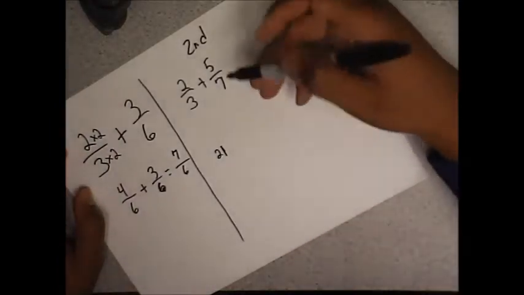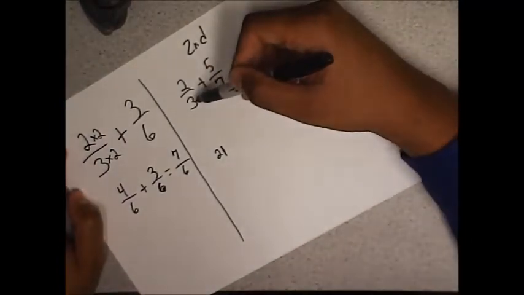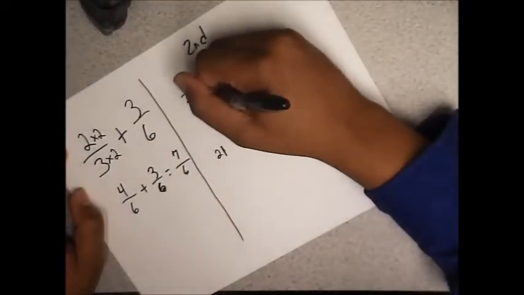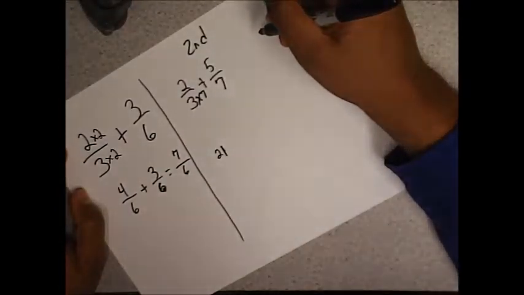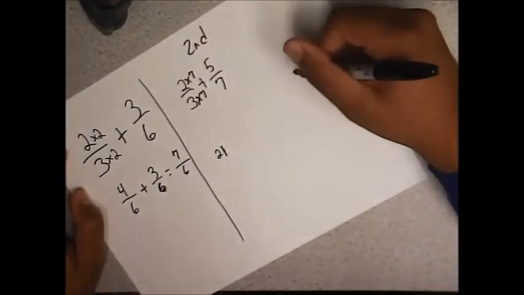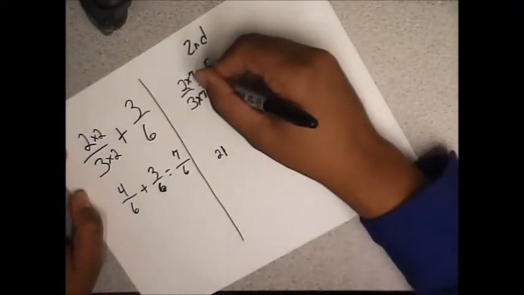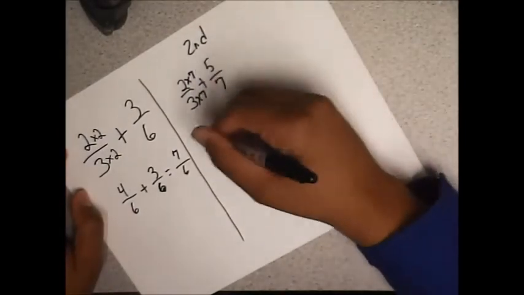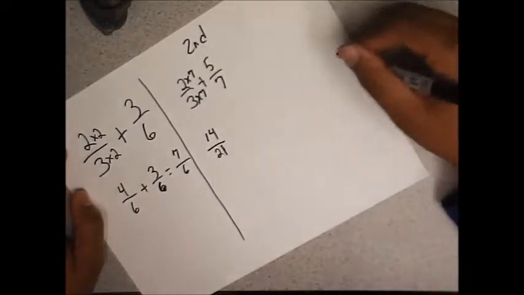Okay? So what do I have to multiply 3 by to get 21? I have to multiply it by 7. Okay, so whatever I do to the bottom, I have to do to the top, times 7. So 3 times 7, there's my 21. 2 times 7 is 14. You got it.